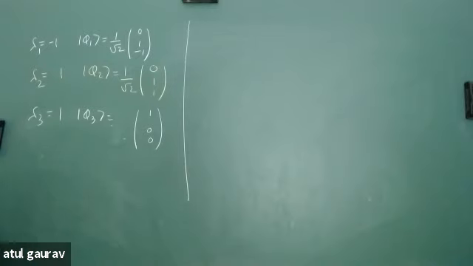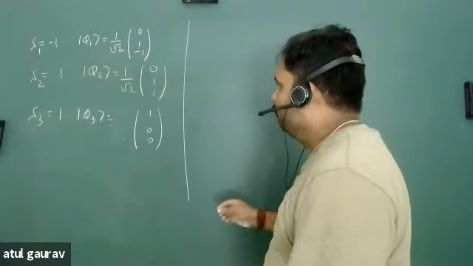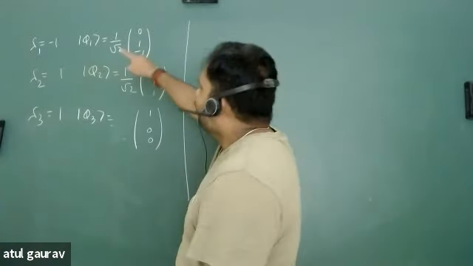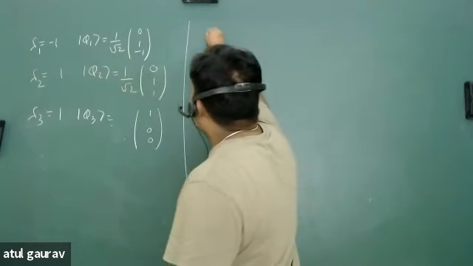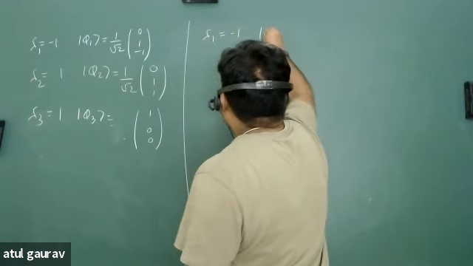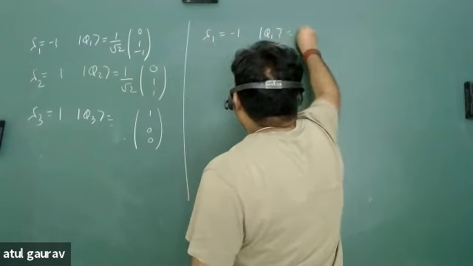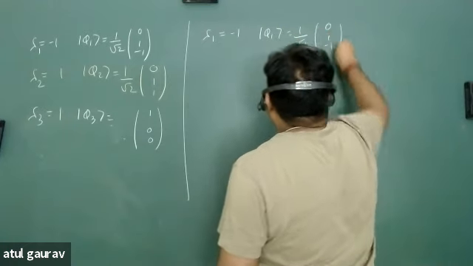Yes, thank you. Now, what I can do, I can make another set. What will be that set? If you again calculate for lambda is equal to 1, you will get the unique value. And for another set, I can get lambda is equal to minus 1. Phi 1 must be always 1 by root 2, 0, 1, minus 1.